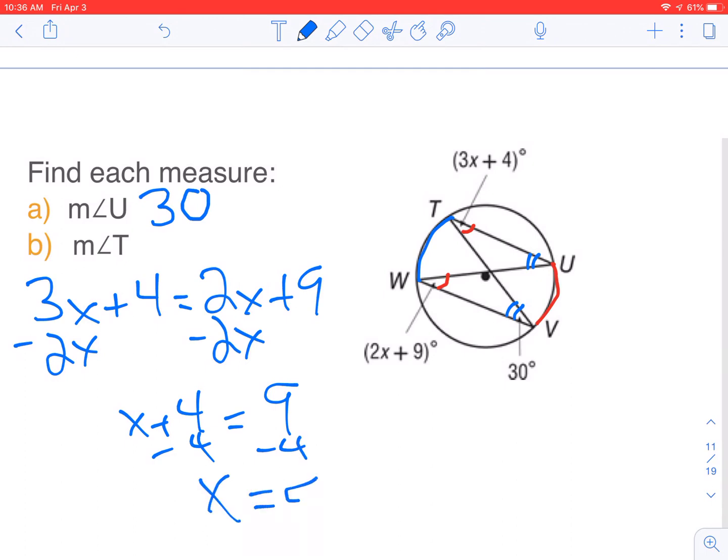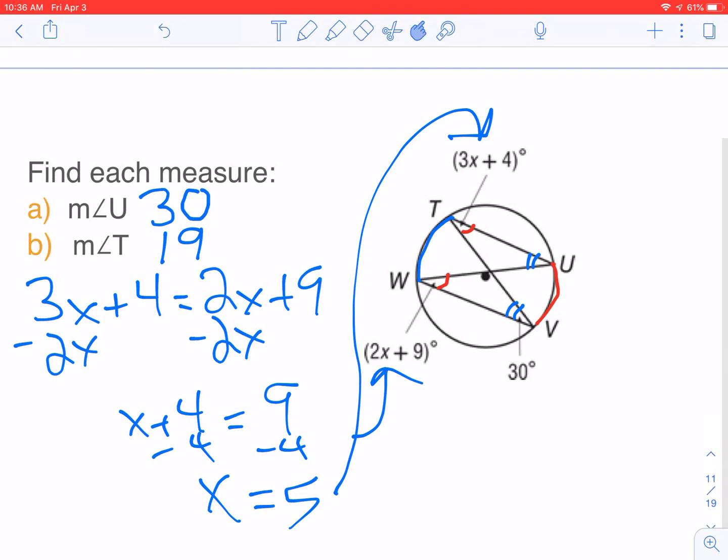X equals 5. Did it say to find x? No, it says find the measure of angle T. So I take my 5, plug it back in for x. Either one of those two places, if I plug it back in and do the math, I'm going to get 19. And that is it. Okay? As long as you know they're congruent, you're good to go.